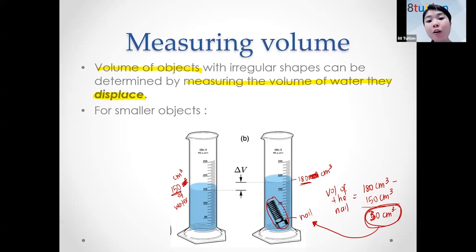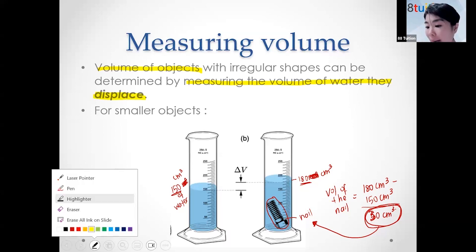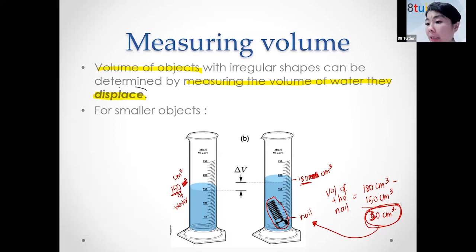The change in the amount of water. What do I mean by displace? This is a very important word. You will see it all the time in this topic.